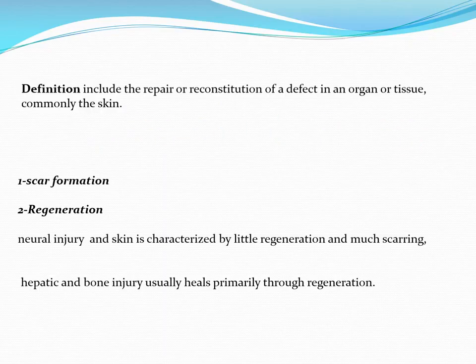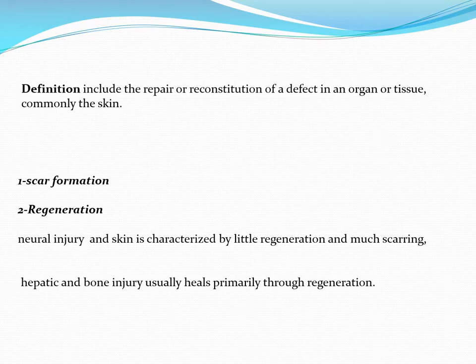To start with, in definition, wound healing is the repair or reconstruction of a defect in an organ or tissue, commonly the skin. Reconstruction or repair means building. So the body is going to build back the organ or the tissue by the process of wound healing.